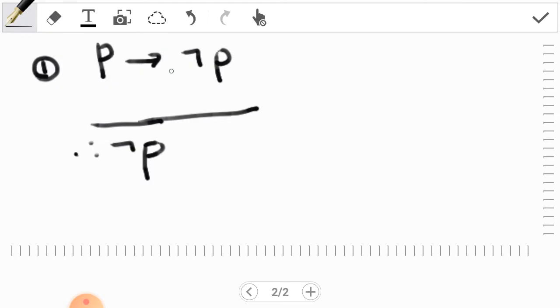Since you have a conditional statement here, go now to your list and look at a rule that uses an implication. And if you go over your list, you will find there the rule that mentions material implication.